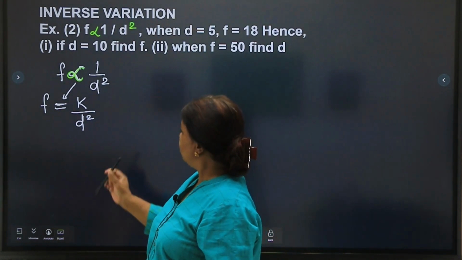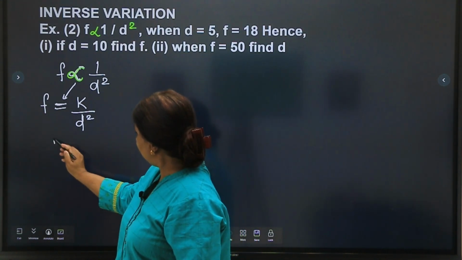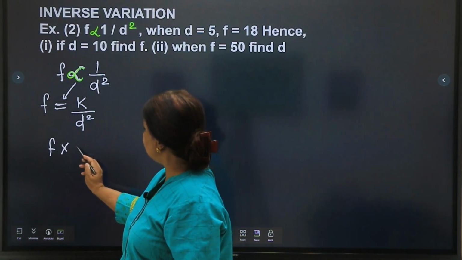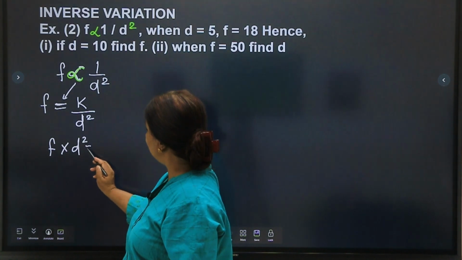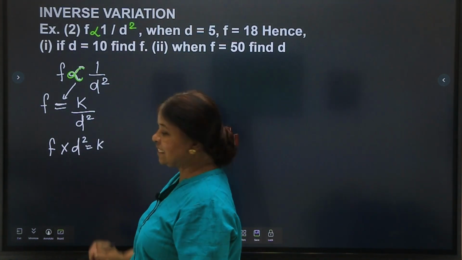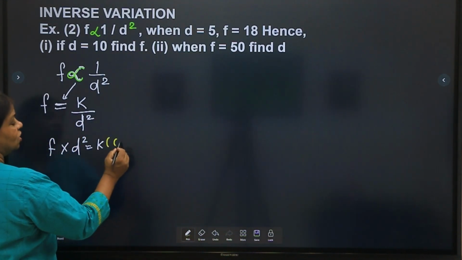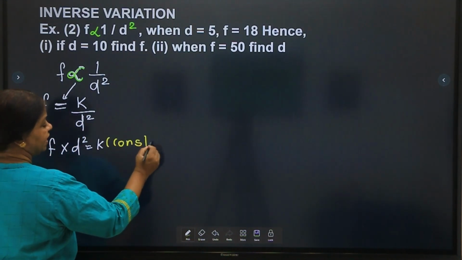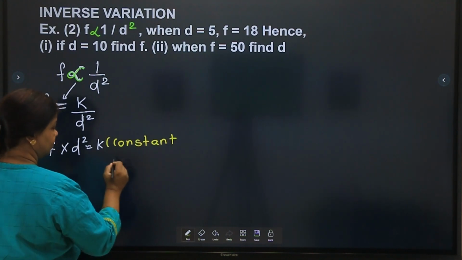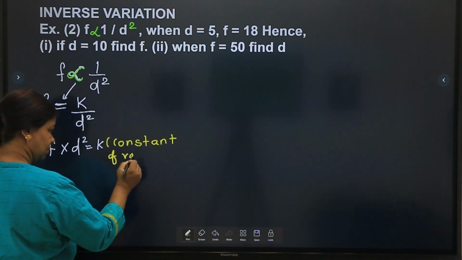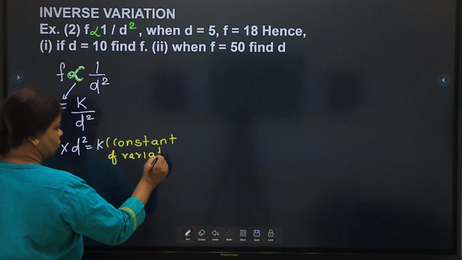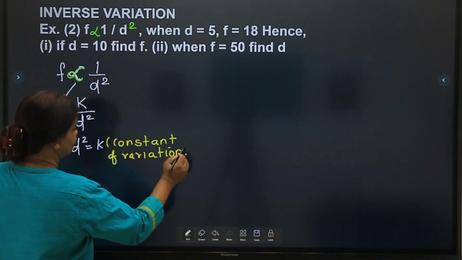Okay. So here F into D square is equal to K, and what is K? Constant of variation. It is the constant of variation. So let us see what is given further.